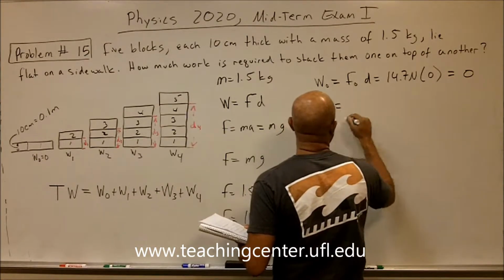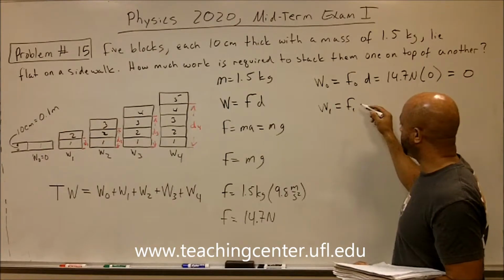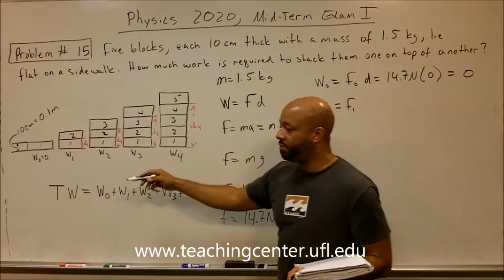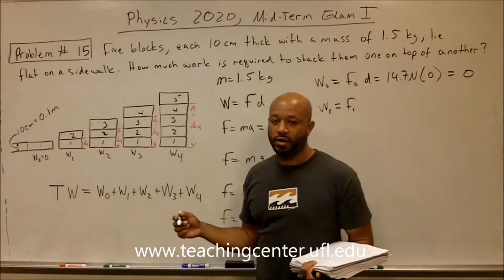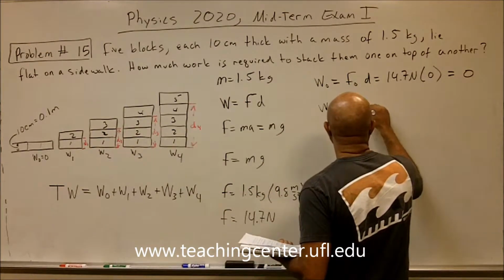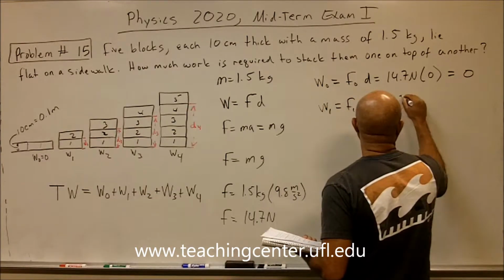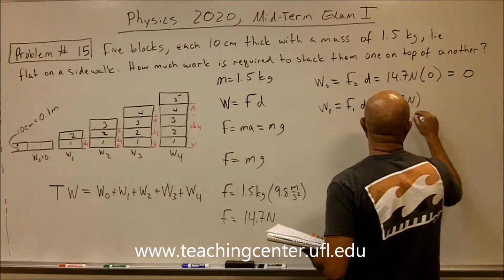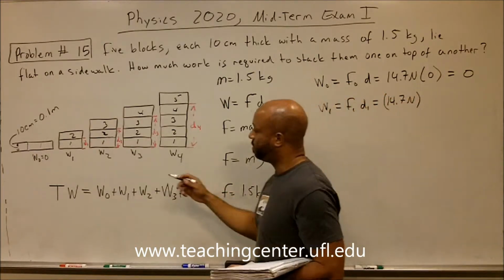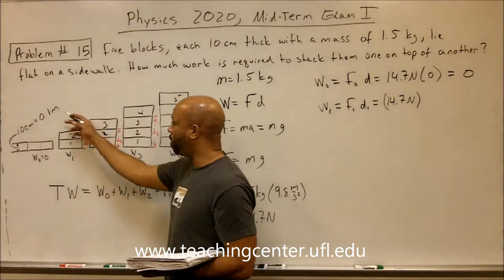The first work is going to be that force, and all the forces are going to be the same because you're only lifting one block at a time. That's multiplied by the first distance. Well, the first distance with the block is 10 centimeters, or 0.1 meters.